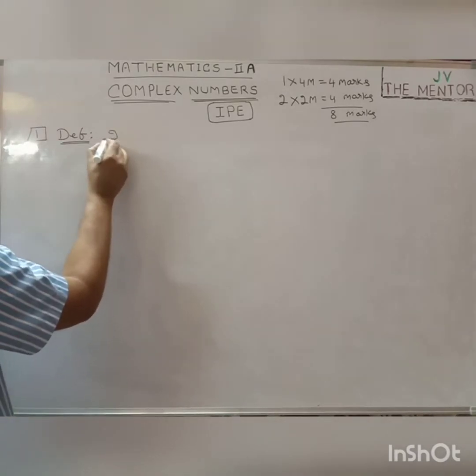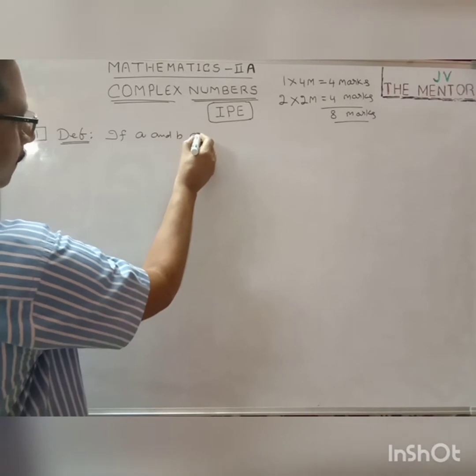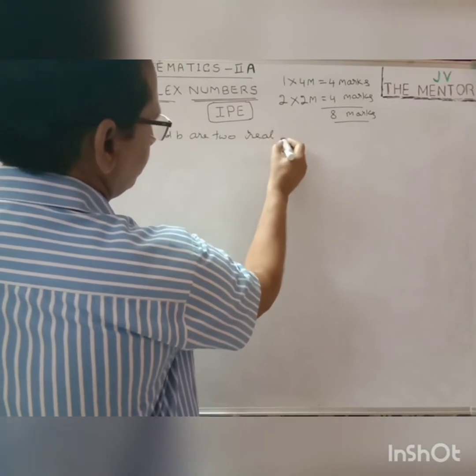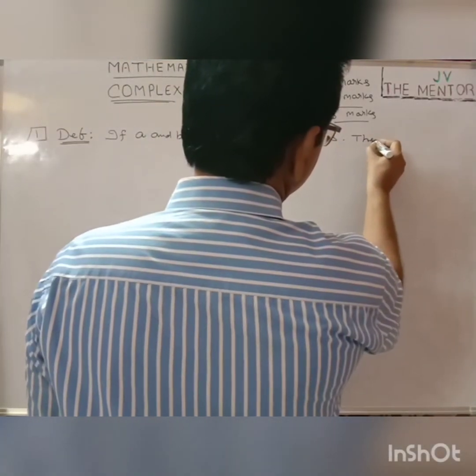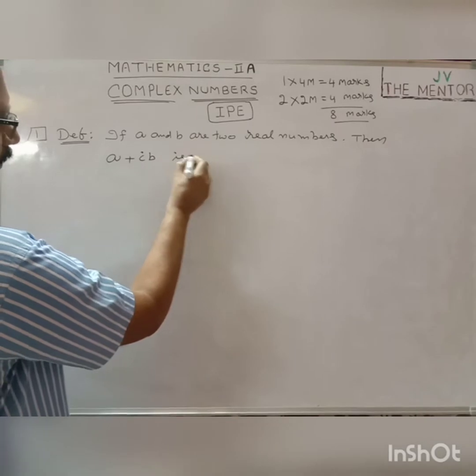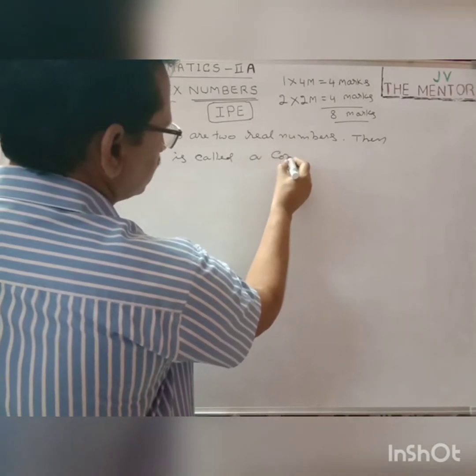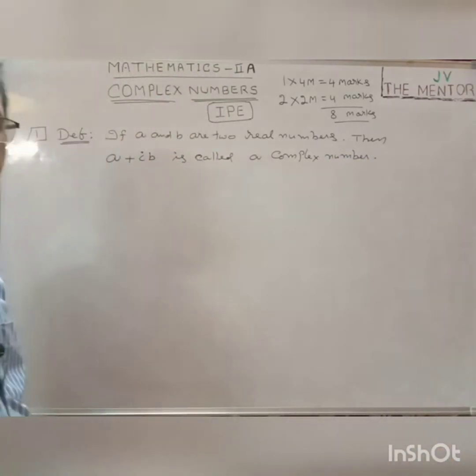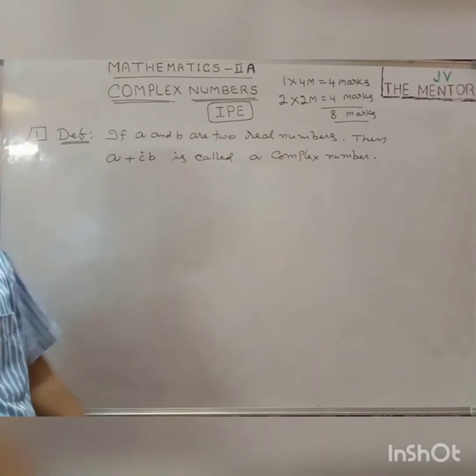If A and B are two real numbers, then A plus iB is called a complex number.